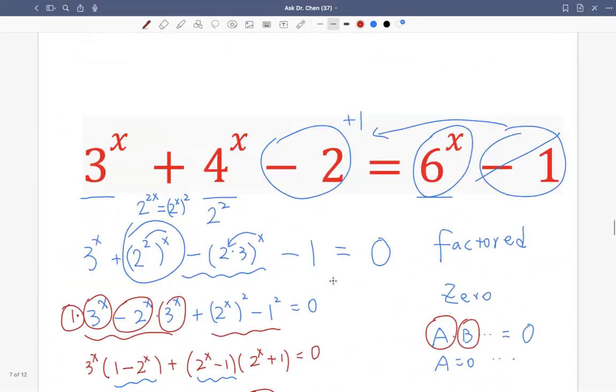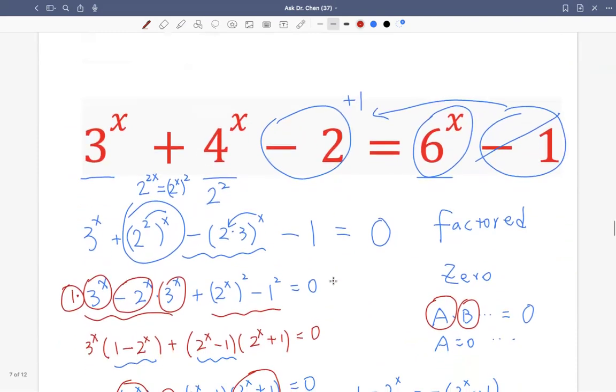So let's go back to check. If x equals 0, we have 3 raised by 0, which is 1. We have 4 raised by 0, which is 1. 1 plus 1 is 2. 2 minus 2 is 0. So we get a 0 on the left-hand side. And 6 raised by 0 is 1. 1 minus 1 is 0. So bingo, it is a solution. So 0 is a solution.